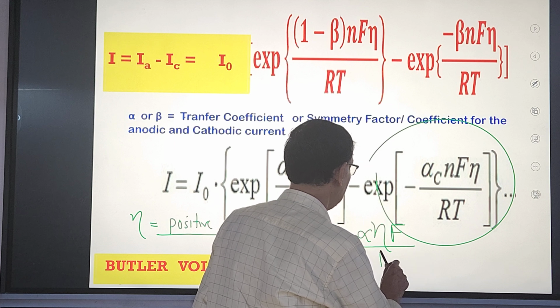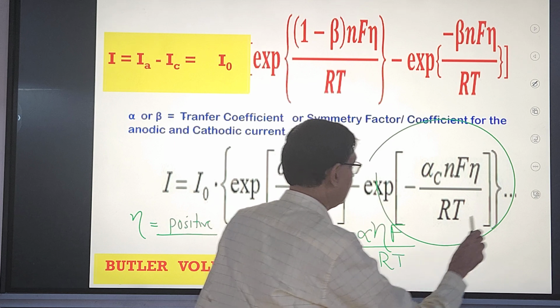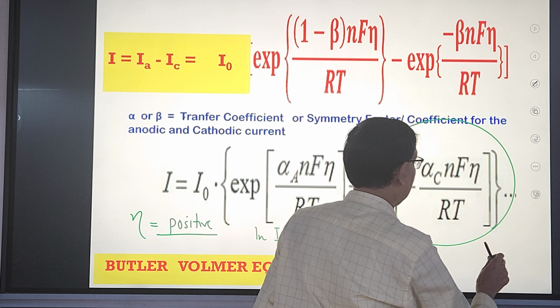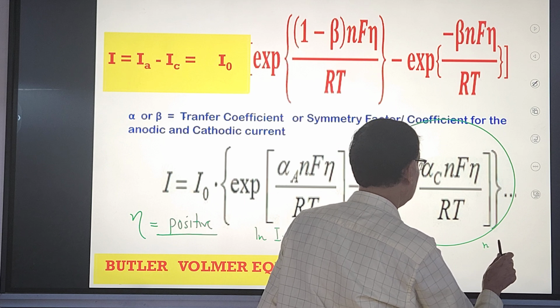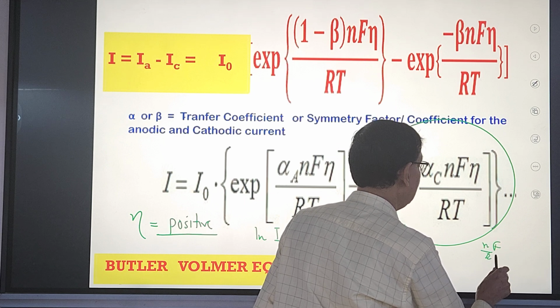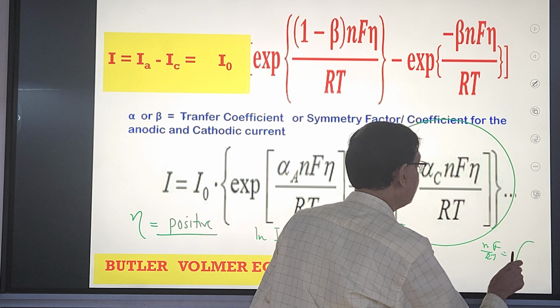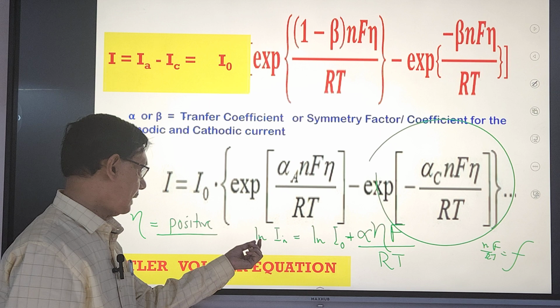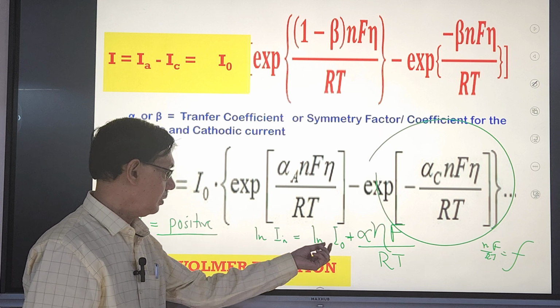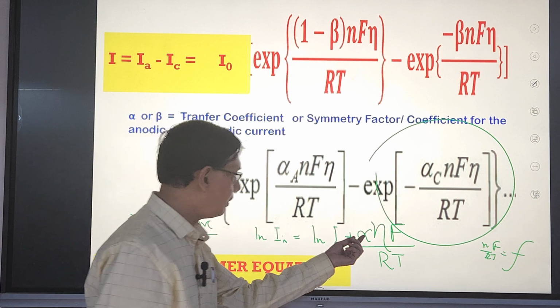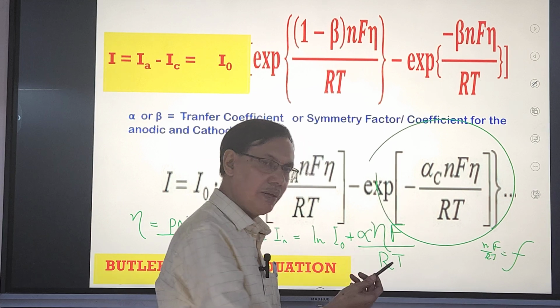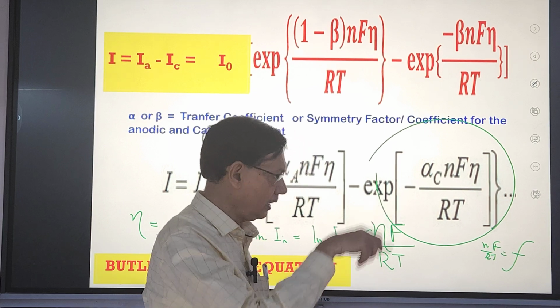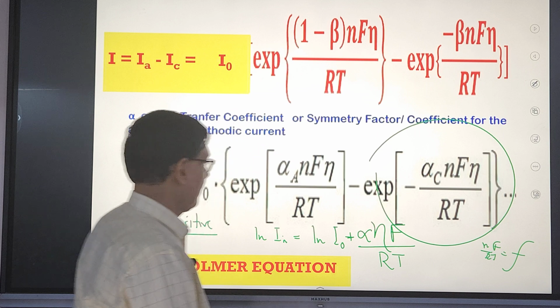In some books you will find that n, small n, f by RT can be written as simply small f. So what you can write is natural log of I, natural log of I0 plus alpha f, that is nf by RT.